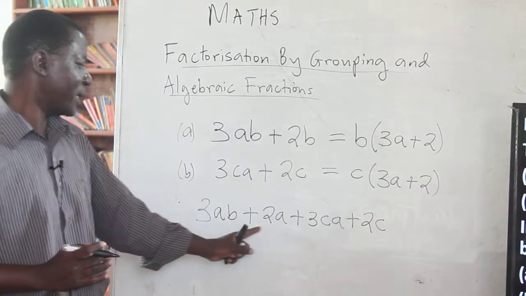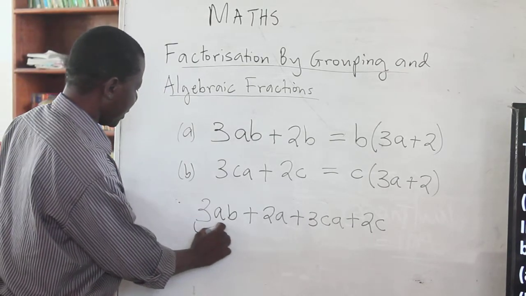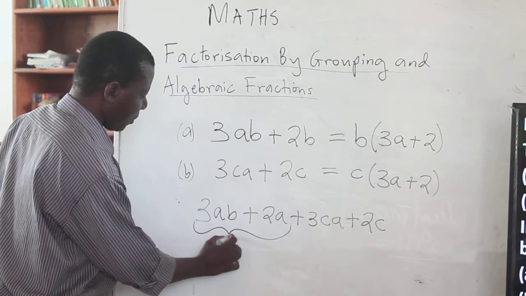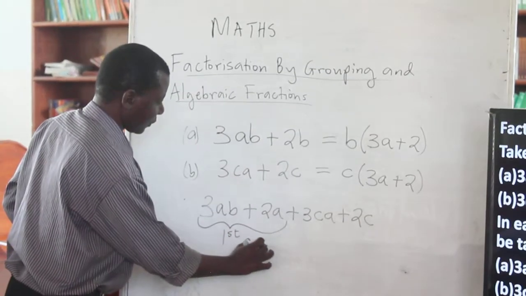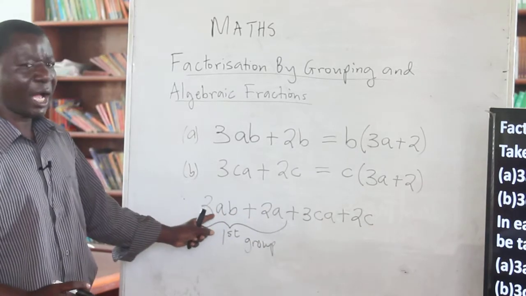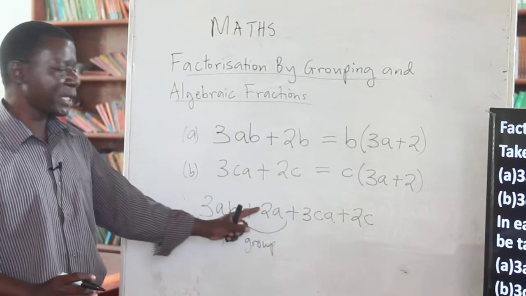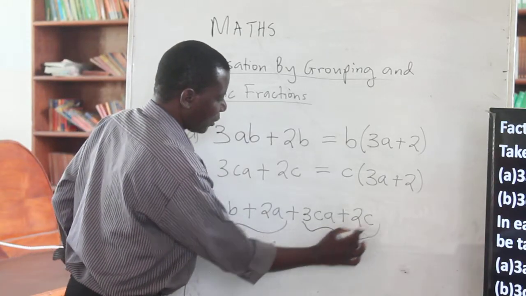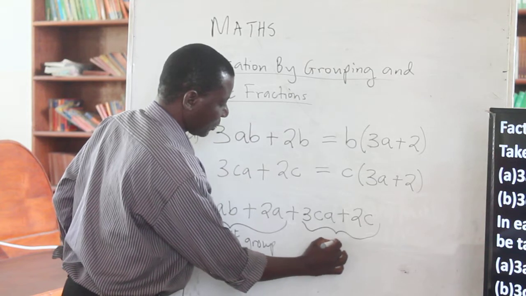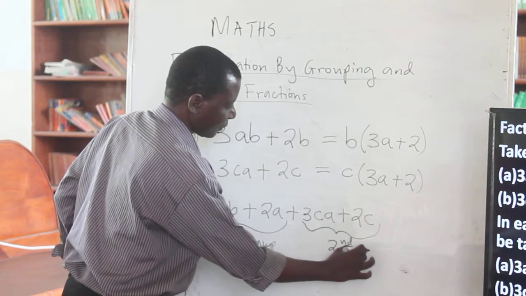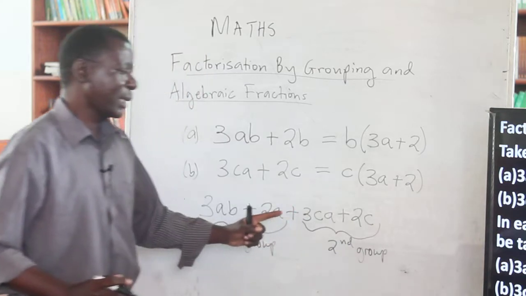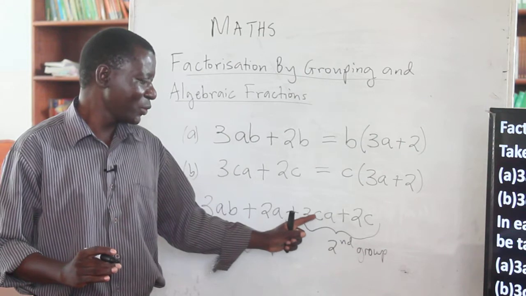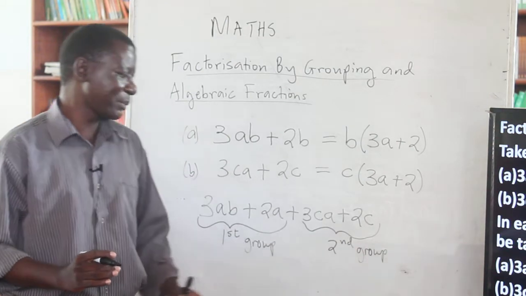We can see that the first two terms can form the first group. Why? Because we have a common term in those first two terms. The second two terms can also form a second group. Why? Because we also have a common term in those last two terms.